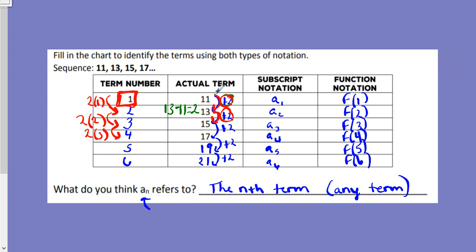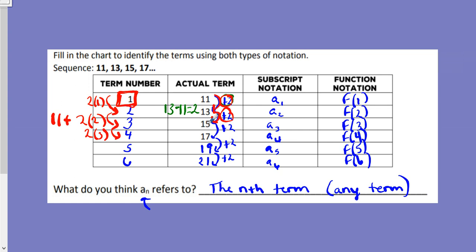So I'm starting with 11, and I'm adding 2, but I add it only one time to get to 13. But to get to 15, I'm starting with 11, and I'm adding 2 two times.